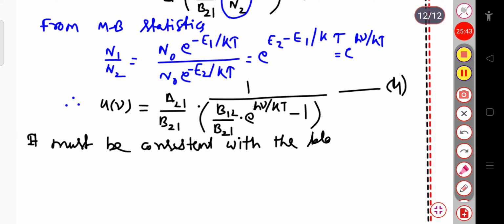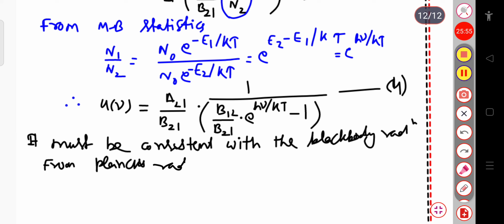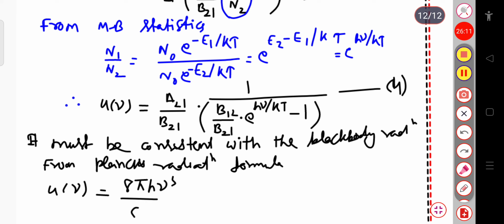So from that I can write, from Planck's radiation formula, we can write U of nu will be equal to, this is your Planck's radiation formula, U of nu equal to 8 pi h nu cube divided by c cube into 1 divided by exponential h nu by kT minus 1.